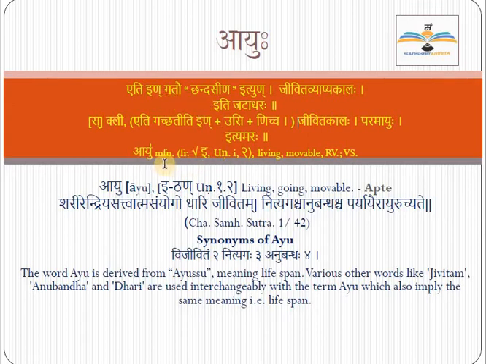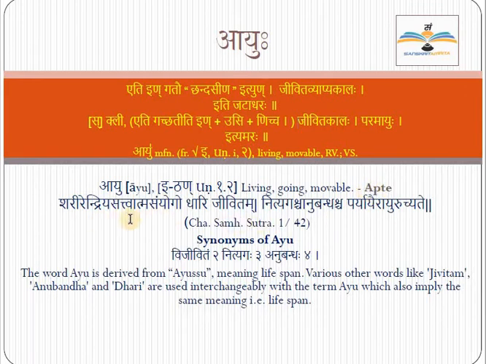Ayu, masculine, feminine, neuter, all three genders we can use as ayu, and the meaning is living, movable. Now here if you read, students, ayu, e, thon suffix, another formula is given, so you can choose the first one for exam purposes. Living, going, movable is the meaning given in the Apte's dictionary, right?